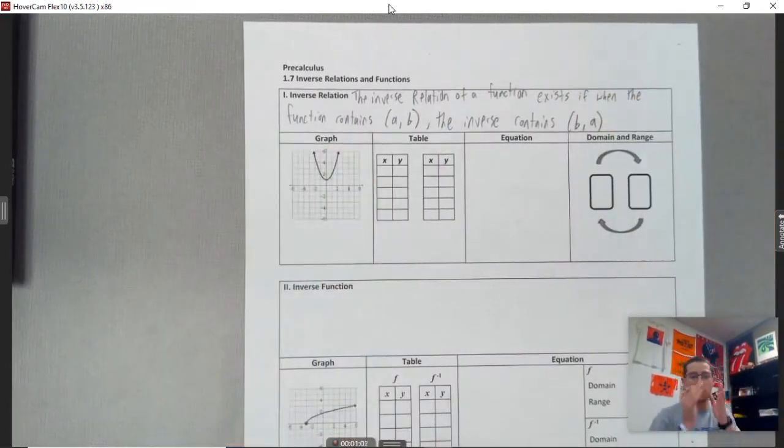So the inverse relation of a function is when a function contains a comma b, the inverse contains b comma a.